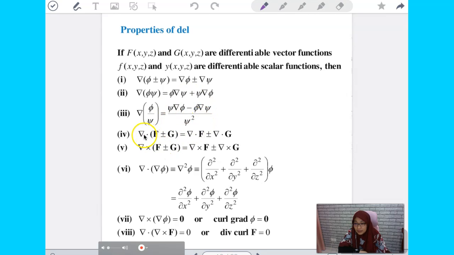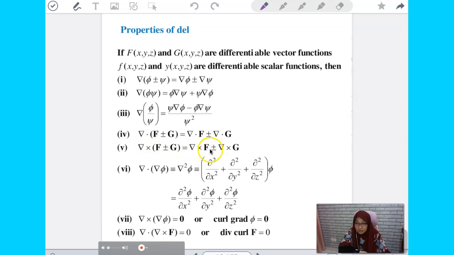And then if you have the dot product, F plus G are vectors, so whether subtraction or summation, and then after that you obtain the divergence, or you can do it separately because they are plus minus, so you can find the divergence of F plus minus the divergence of G. Similarly for cross product, we can do the same: total them up first, or subtract between F and G, get a new vector, and compute the curl of this new vector.